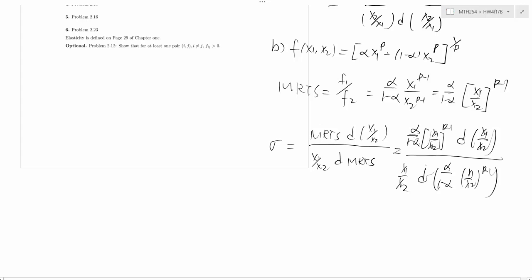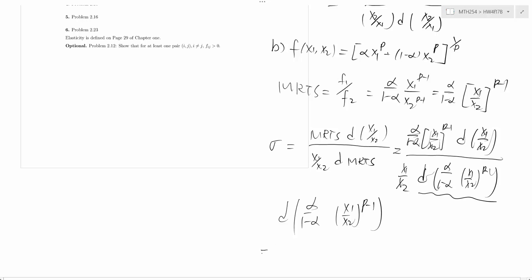Now remember, d is just taking derivative, right? So the only thing we need to look at is over here. So how do we take the differential of this kind? Alpha over 1 minus alpha is a constant. It can be factored out. So let me write down some detail. Okay, so this is the one. We have x1 over x2 to the p minus 1.